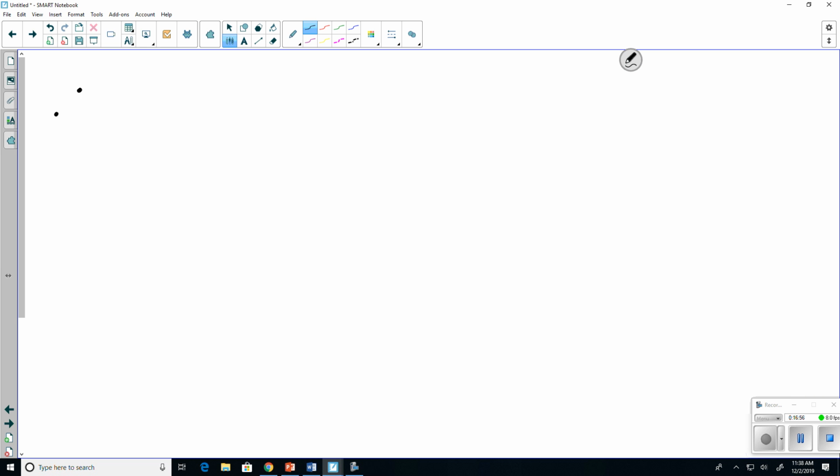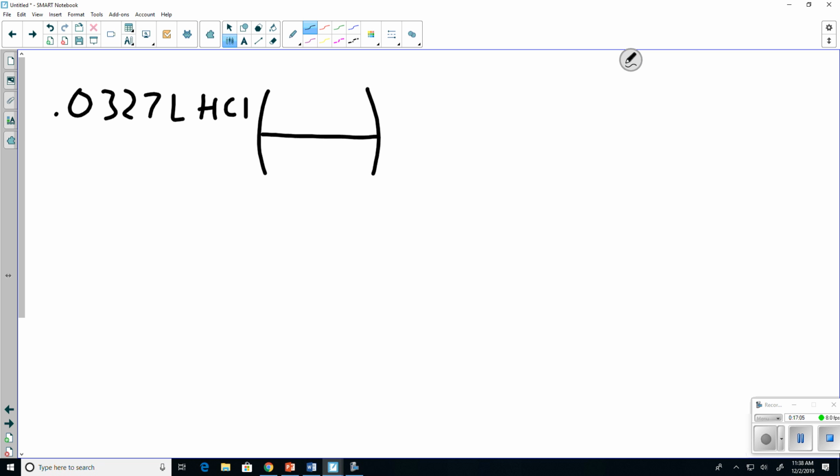But in this question, we were given 0.0327 liters of HCl. And I was given the molarity as well, 0.0250. That's how many moles are in 1 liter if it's molarity. So if I was doing this problem, I'd first figure out how many moles of acid do I have.